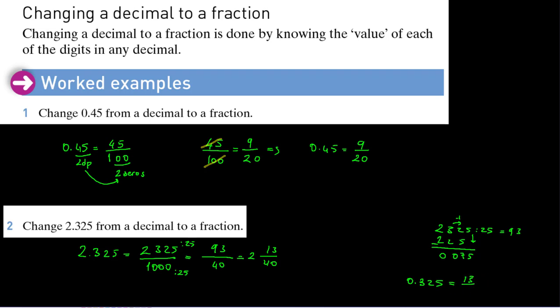So 2.325 should be equal to 2 and 13 over 40, which is this number.